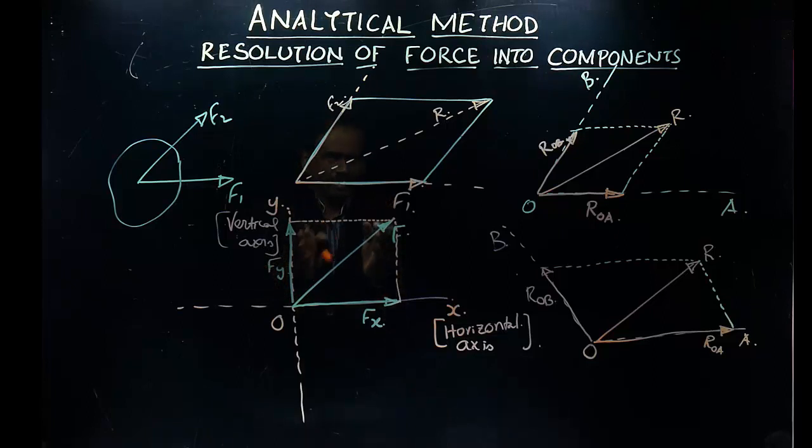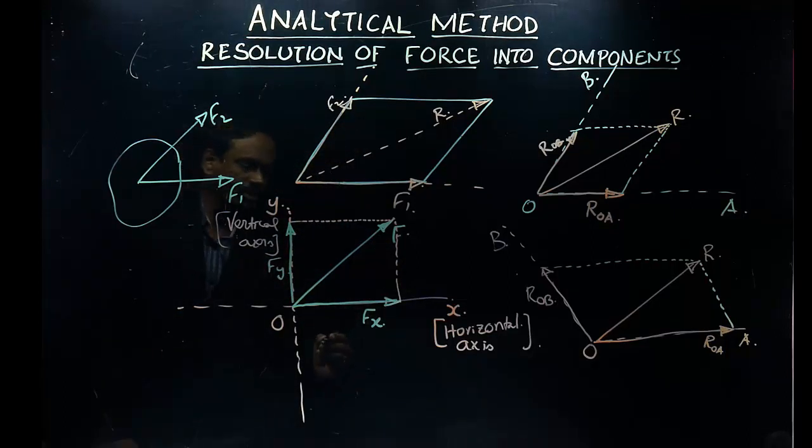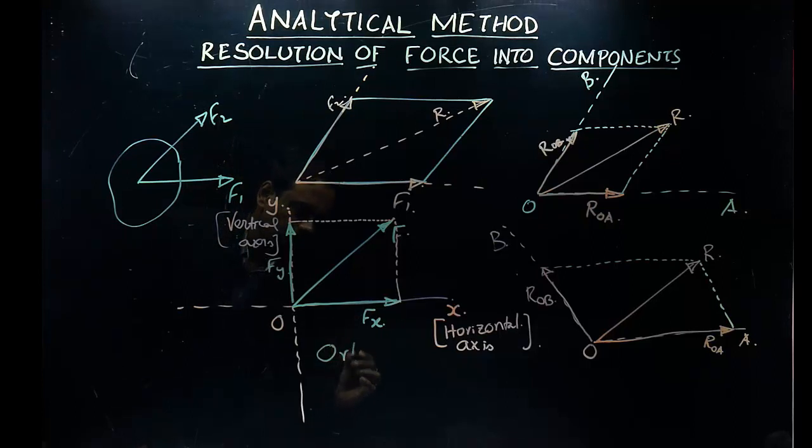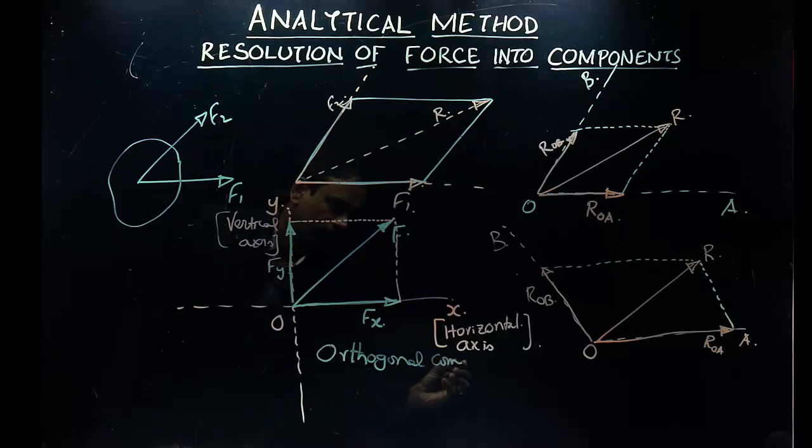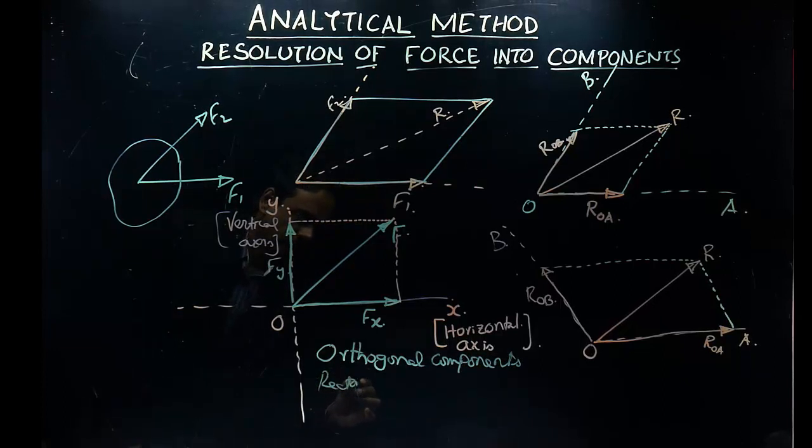So a given force can be resolved into components along two perpendicular axes, which are nothing but the x and y axes. The corresponding components, we call them Fx and Fy. And since they are resolved along orthogonal directions, these components are also called orthogonal components or rectangular components.